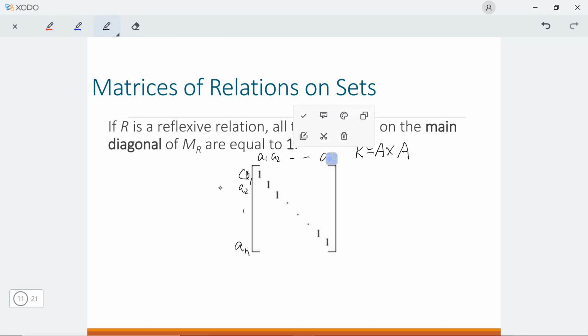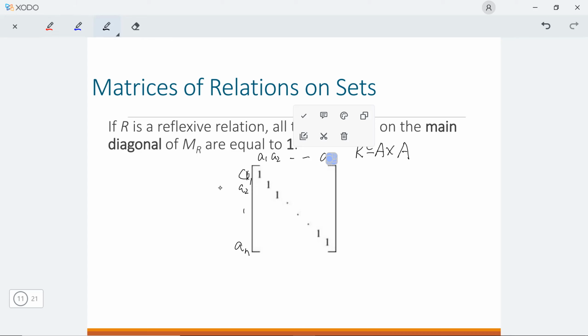So our definition of reflexive means that (a, a) should always be in our relation for all elements in our set A. Here, assuming our set has finite elements from A1 to AN, if the diagonal value is always equal to 1 in the matrix representation of the relation, it means all of the pairs A1 with itself until AN with itself are in this relation.